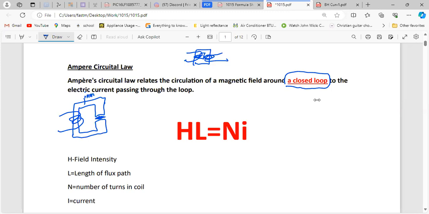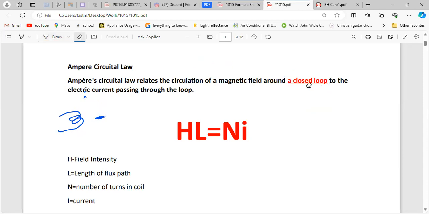And when you have an air gap, or a composite core, which is basically a core made up of multiple materials like cast iron, steel, and so on, different materials, or air gaps which break the closed loop, you can't use Ampere's circuit law.